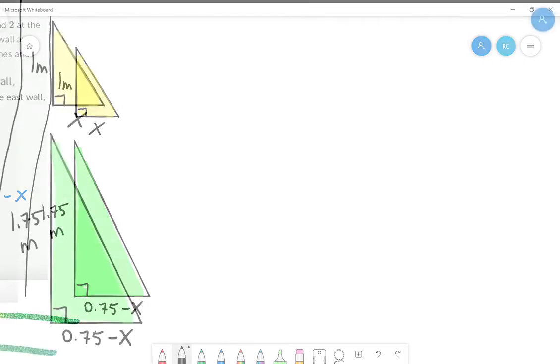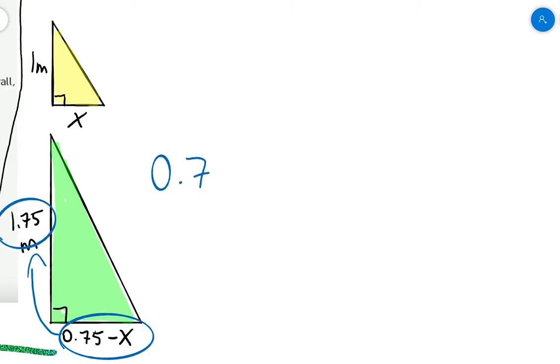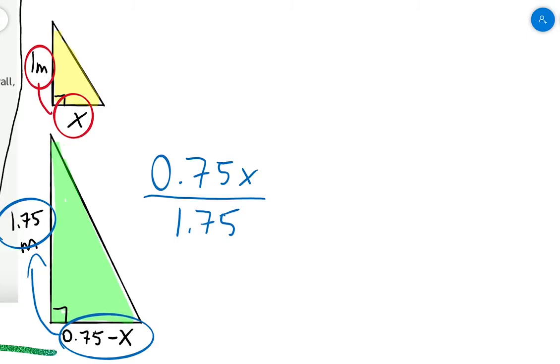Okay. There are lots, again, of different ways that we could do this. I'm going to go ahead and do 0.75 minus x over 1.75. And I'm going to do x over 1.